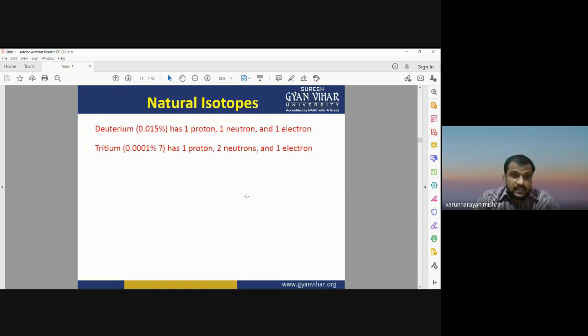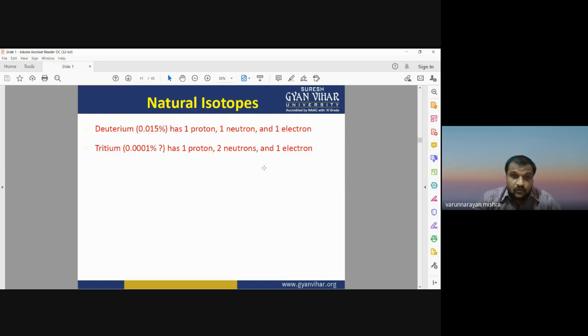The second isotope of hydrogen is deuterium. Deuterium has 1 proton, 1 neutron and 1 electron. It has 1 proton, so its atomic number is 1, and it has 1 neutron, so its total mass is 1 plus 1 equals 2, with only 1 electron. The third isotope of hydrogen is tritium.